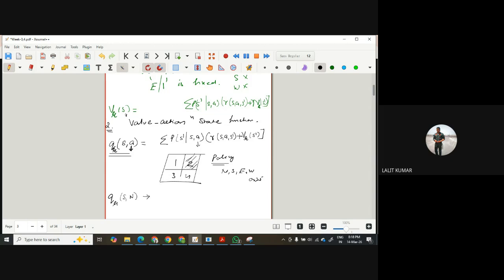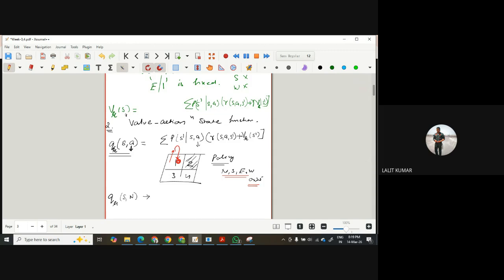If I go north, I come back here, and then I consider all 4 actions, north, south, east, west, and follow the policy. Whatever value I get will be the Q pi of S and north.